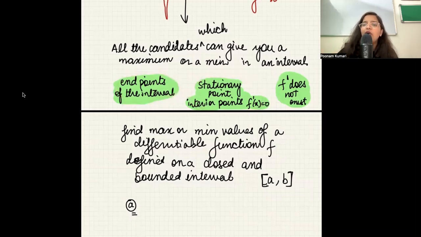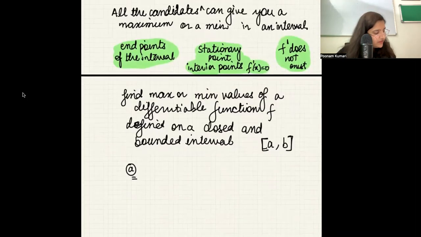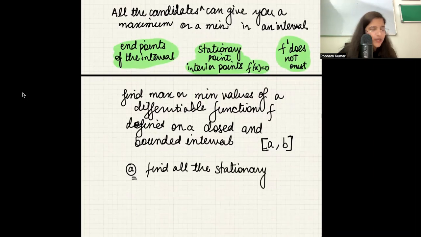So first find what all stationary points do you have in this open interval, right? So find all the stationary points. Stationary point means all those points where your derivative is 0, right?